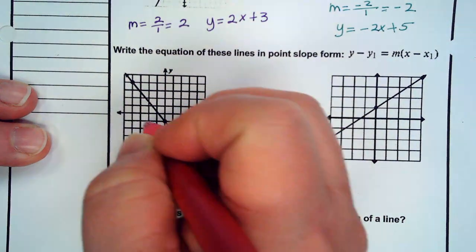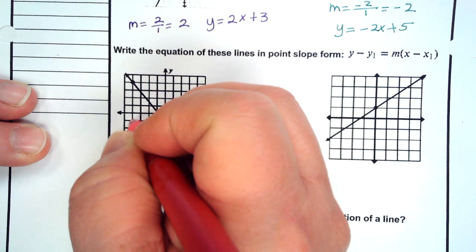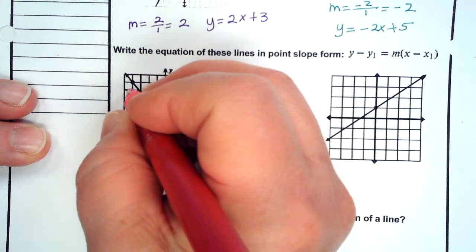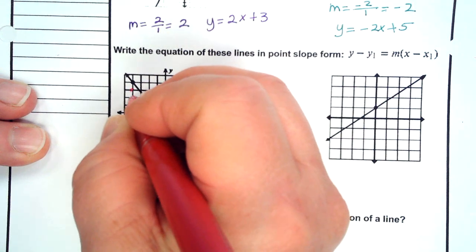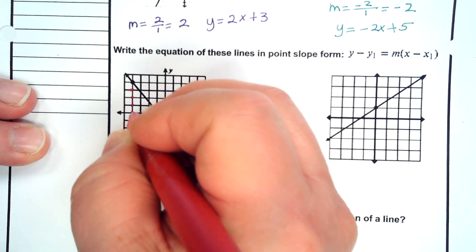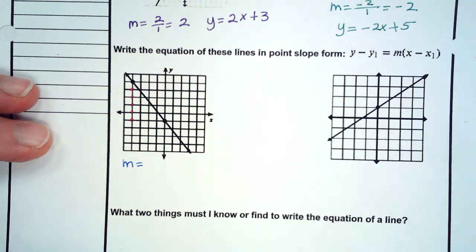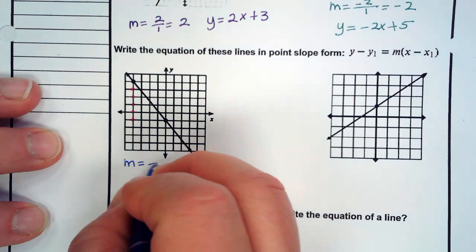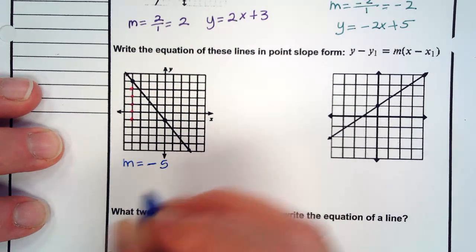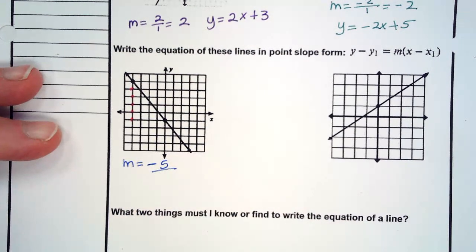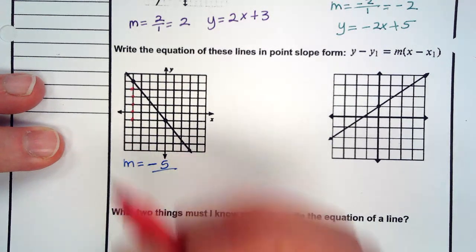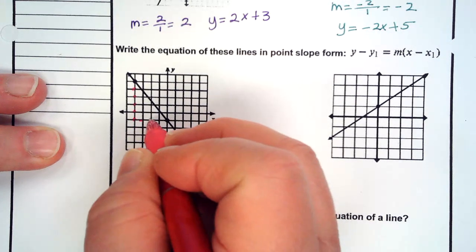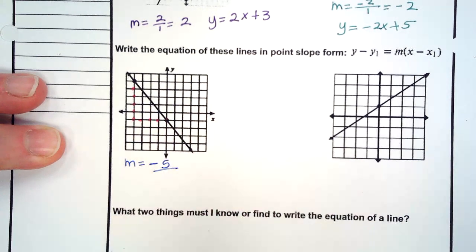I go down, and here's my right triangle. I go down 1, 2, 3, 4, 5. So it's negative 5 over 1, 2, 3, 4.